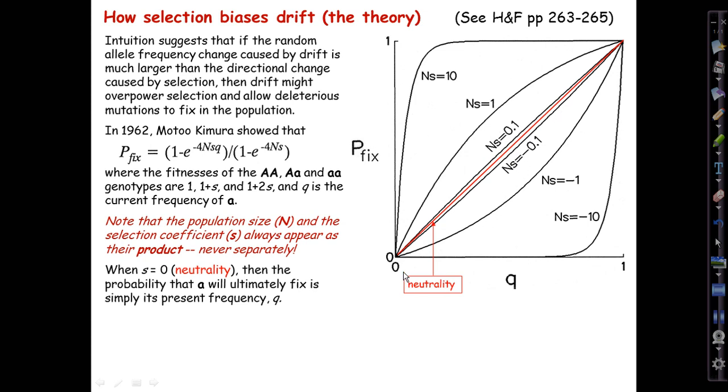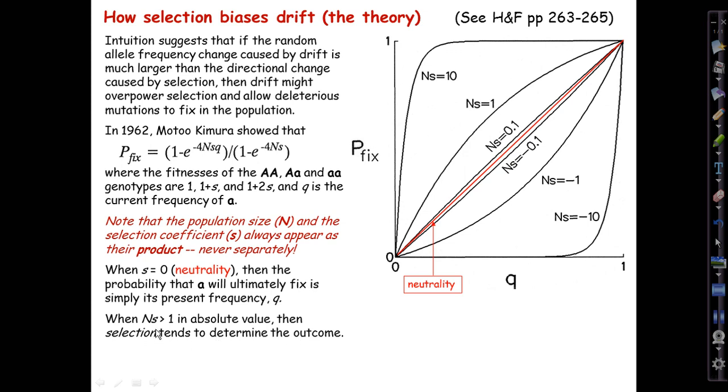When q is near 0, the probability of fixing is near 0. When q is a half, the probability of fixing is a half. When q is 0.99, the probability of going all the way and fixing is 0.99. So it's a completely fair lottery of fixation for a neutral allele.